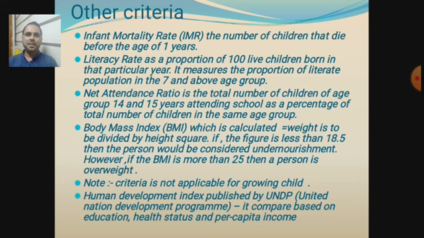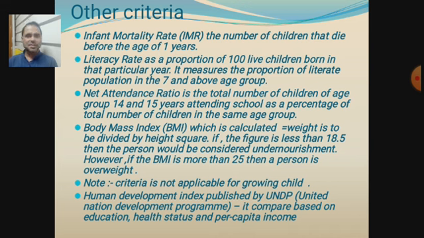Clear? Now besides that, let us move to the other criteria of measuring development. We cannot ignore the infant mortality rate. It means the number of children that die before the age of 1 year. The World Bank criteria ignored this.